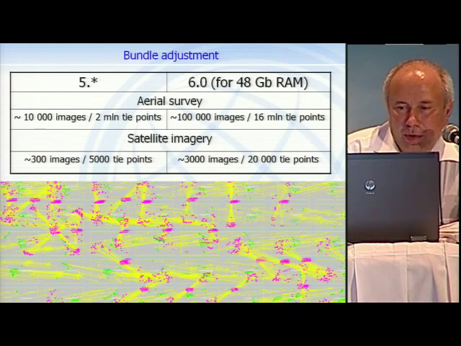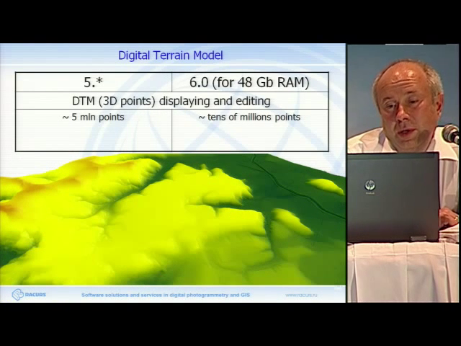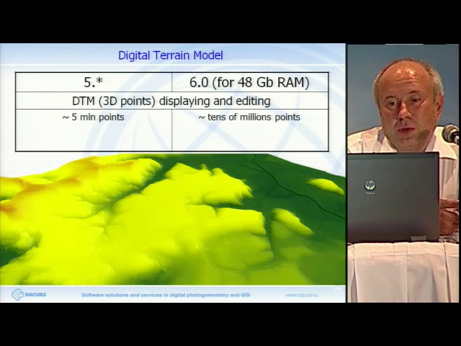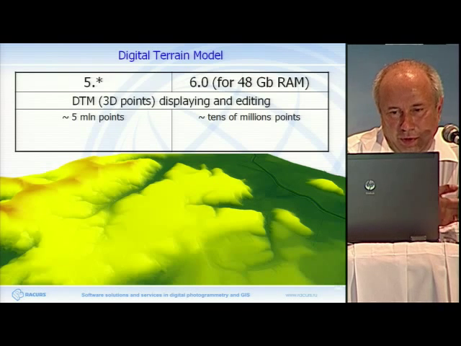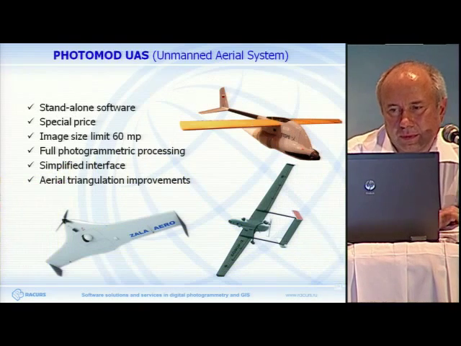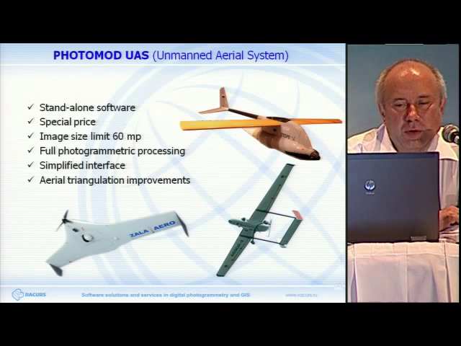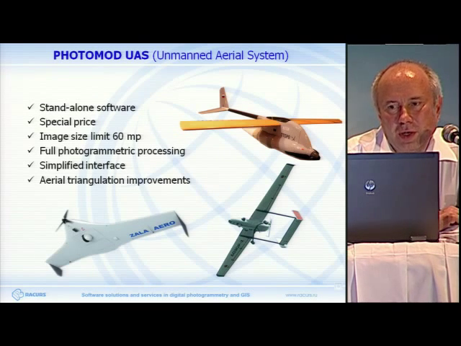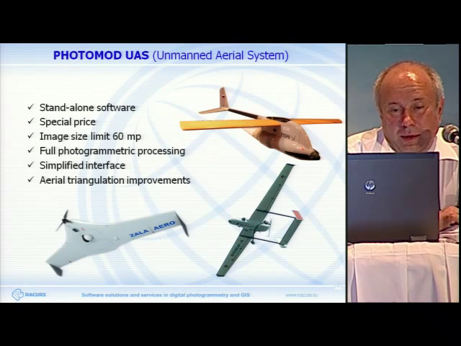And this is based on 48 gigabyte RAM, so you can enhance even that. As for digital terrain model, once again, we're talking about dozens of millions of points. And this started to actually move quite well on screen.